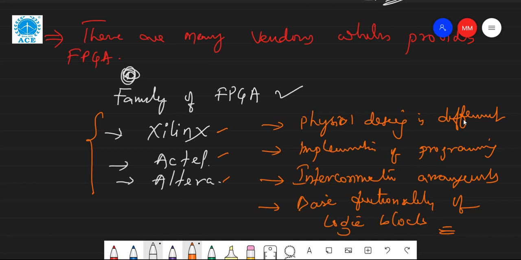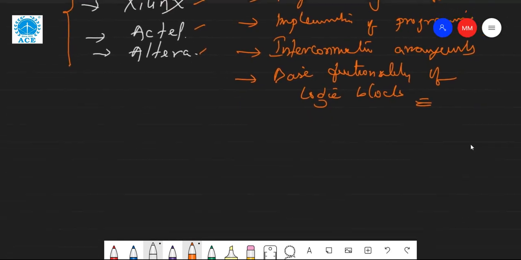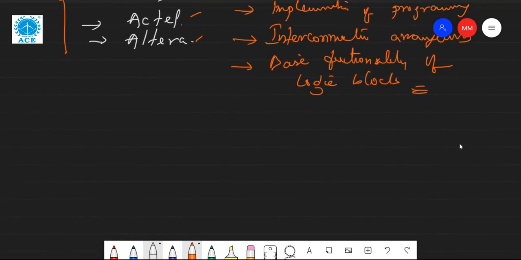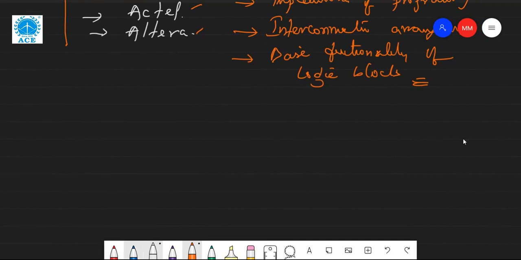We have all our famous vendors here, and these are the differences between them: design aspect, connectivity, appearance of design. These all are different from each other. Let us see the basic architecture of some of them.